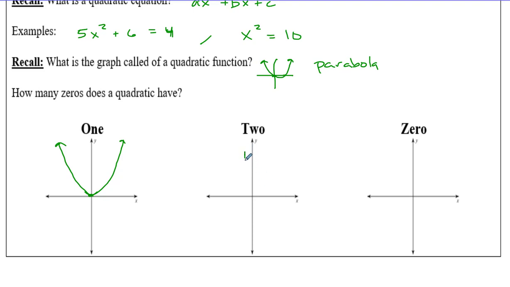You might have a quadratic that has 2 solutions. Something that looks like this, right? It's going to cross at 2 points. And you might even have, let's throw a sad graph in here, one of these. You might have a quadratic that does not get anywhere near the x-axis, so there are actually no zeros for this graph.